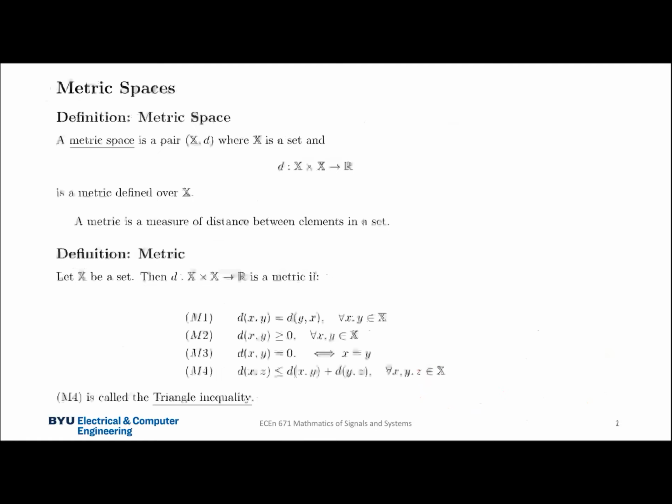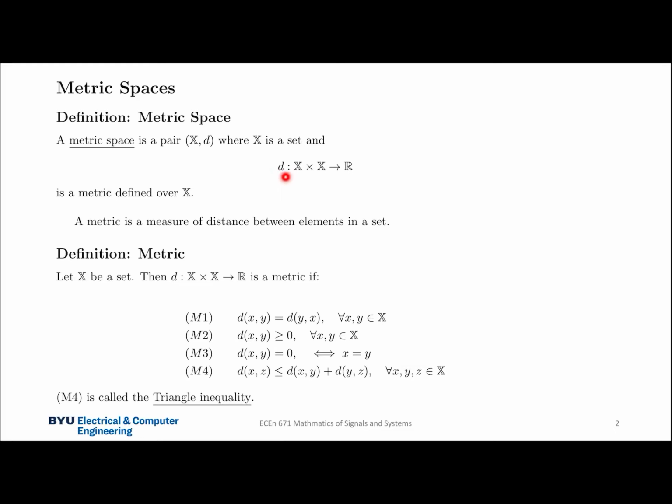Okay, so what is a metric space? A metric space is a pair, X, D. X is going to be a set of objects, for example, Euclidean space. And then D is a function. Let's talk a little bit about this notation for a second.